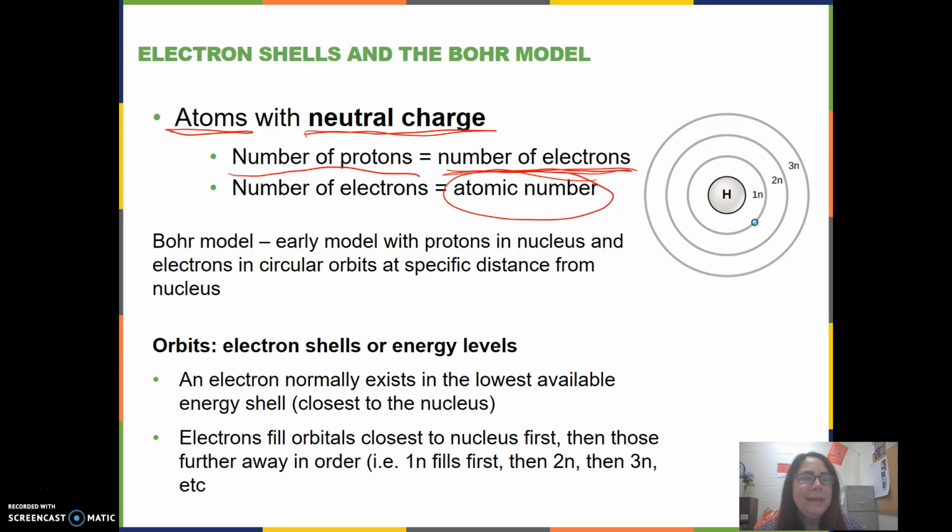So when we try to figure out where the electrons belong, as far as which energy levels they are located in, this hydrogen model shows 3 energy levels, but hydrogen only has 1 electron because its atomic number is 1. And so therefore, it doesn't have a second or a third energy level.